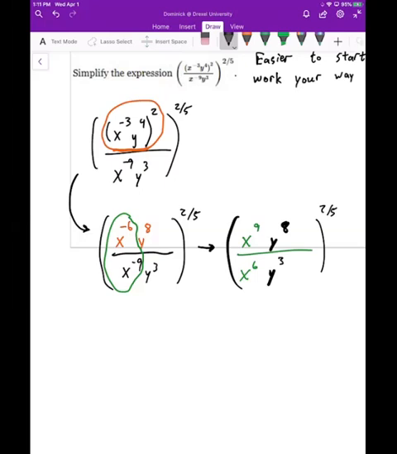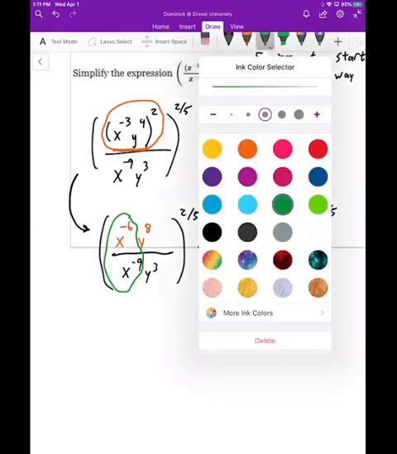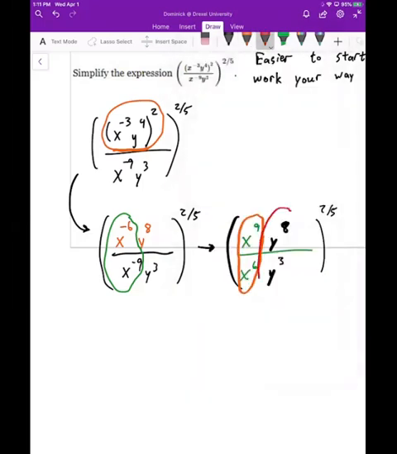Okay, so now we can look at each of our terms separately. I can look at my x terms together, and I can look at my y terms together. Now, x to the 9th over x to the 6th, this is our subtraction rule. So this is x to the 9 minus 6.